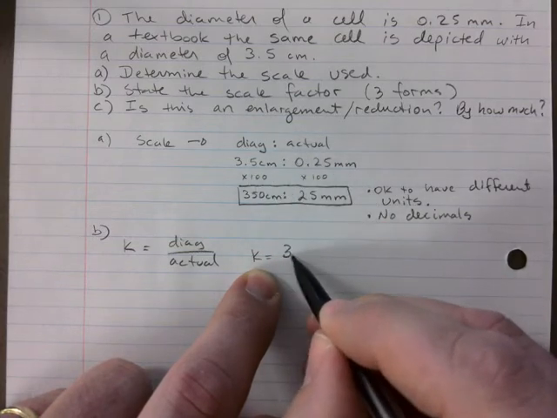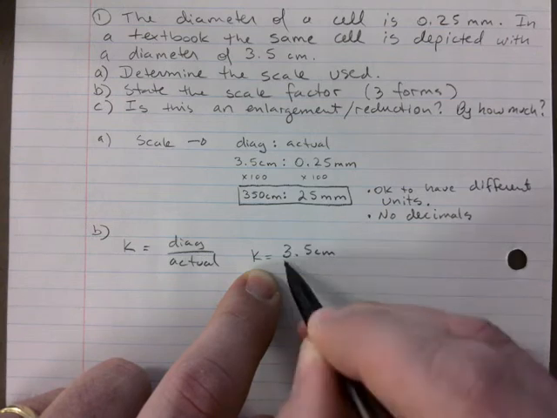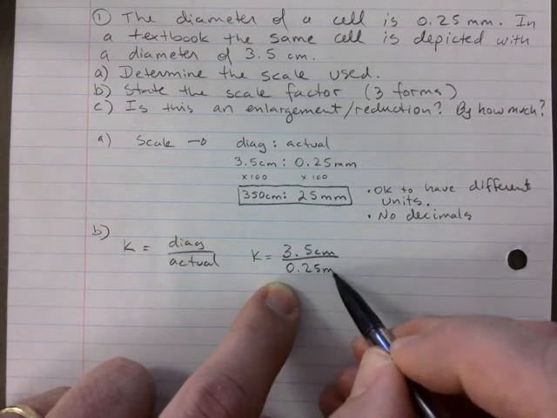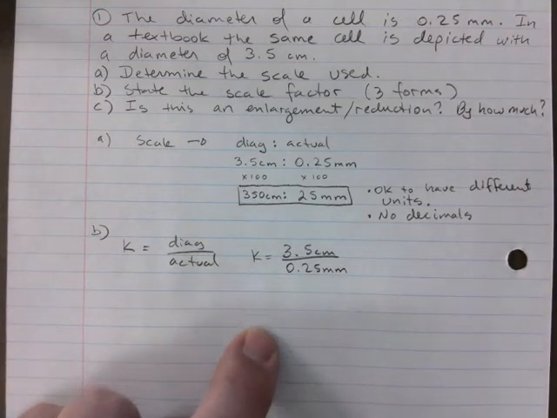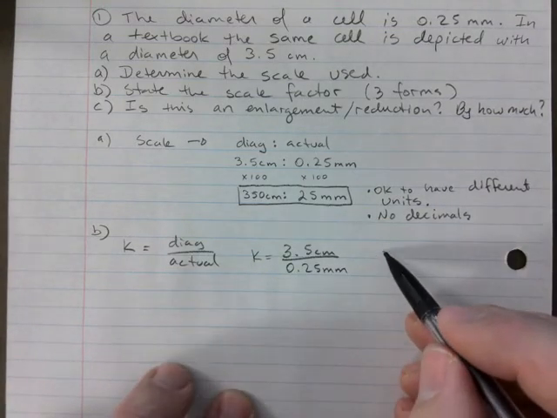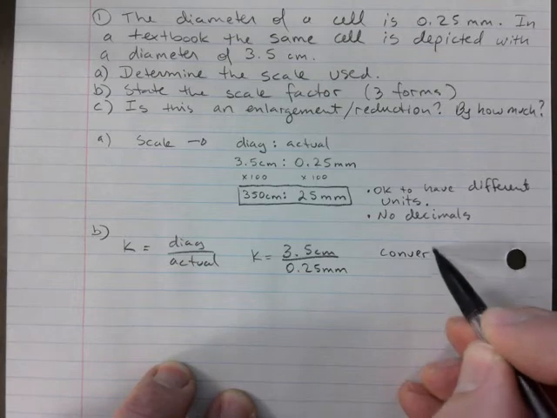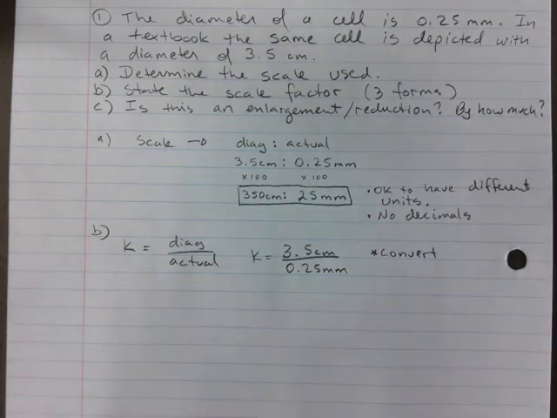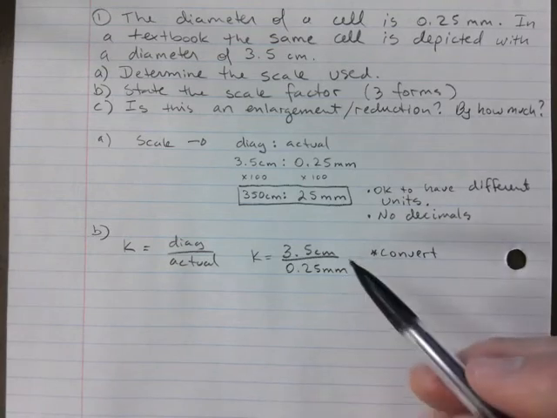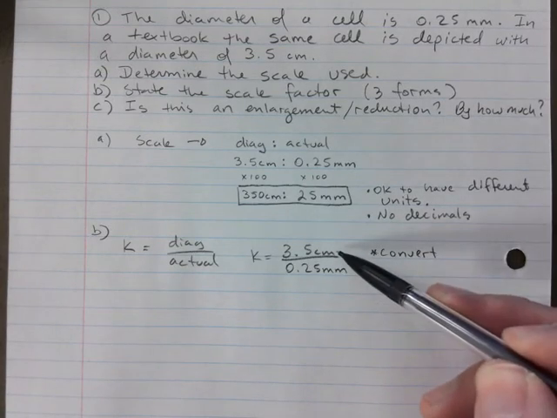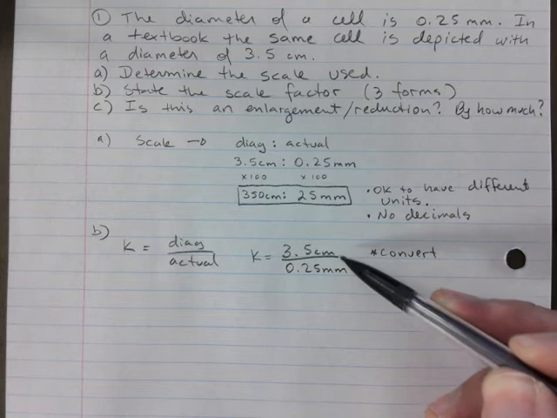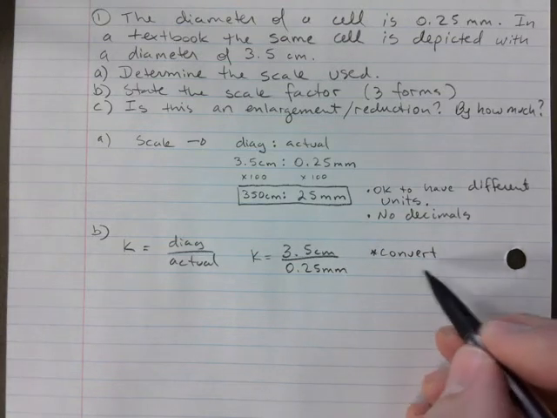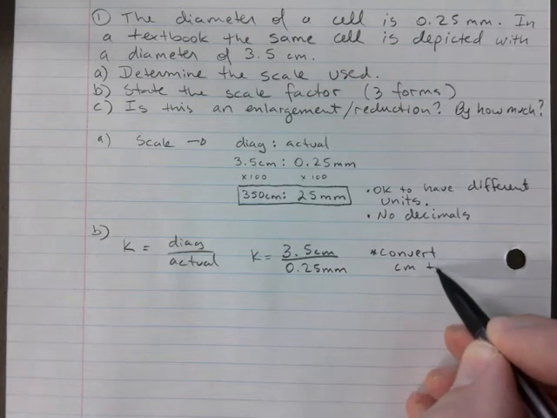Watch this. 3.5 centimeters over 0.25 millimeters. Convert. Which one should you convert? My answer would be convert the biggest unit to the smallest. So convert centimeters to millimeters.